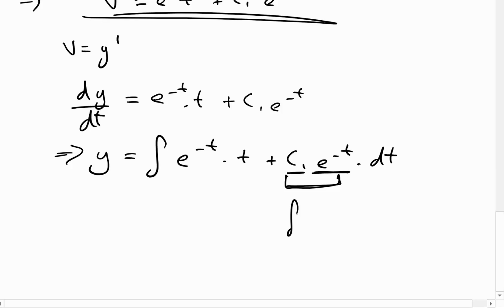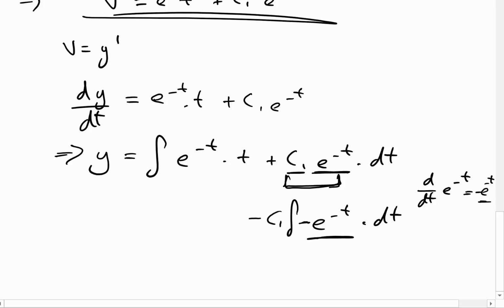If I take this constant out the front, the derivative of e to the minus t is minus e to the minus t, yeah? I've almost got that right-hand side, except there's no minus there. So if I stick a minus there, then I'll just stick a minus out the front. Two negatives will just cancel out, a negative times a negative gives a positive back. So that's the same thing as what I've got there.